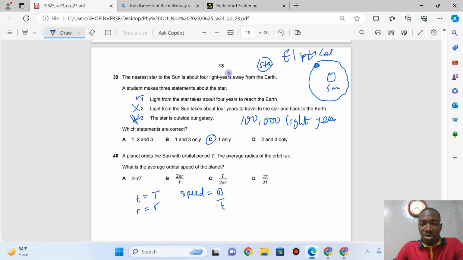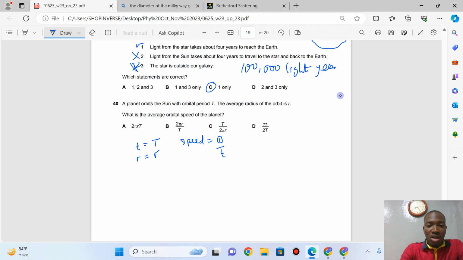But you always approximate this elliptical orbit to be a circular orbit, especially when the sun is at the center of the circular path. So you can use the formula for the circumference of a circle, 2 pi r, and you divide it by the time taken. Do not forget that the time taken here is the period.